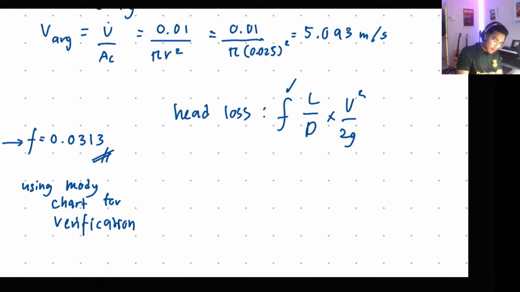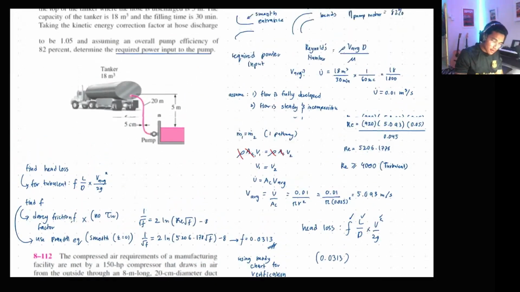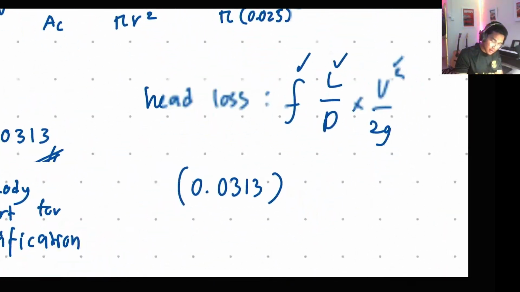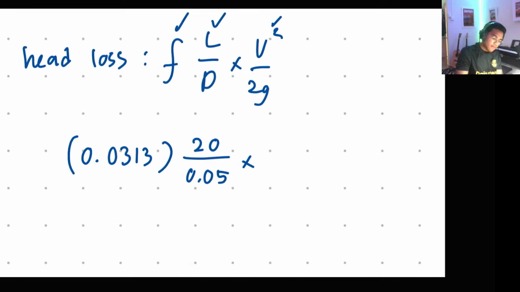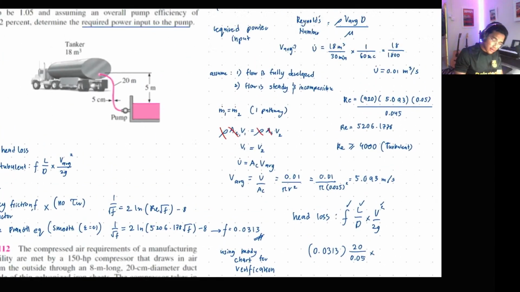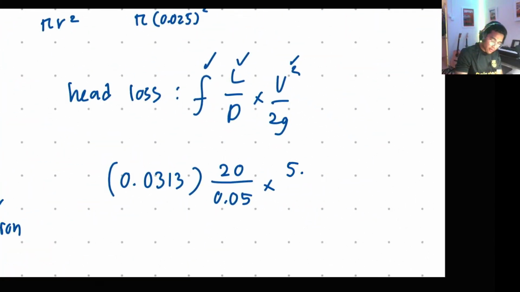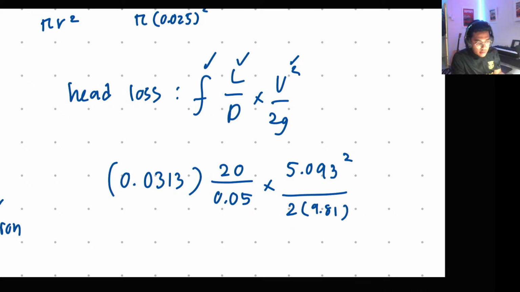We've found f, we've found L, everything is found. f is 0.0313, L is 20, diameter is 0.05, times V squared, which is 5.093 squared, over 2 times 9.81.